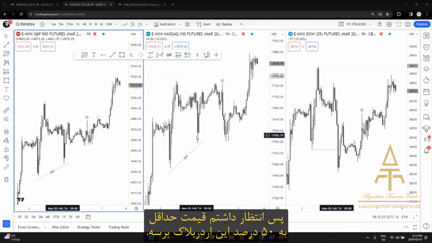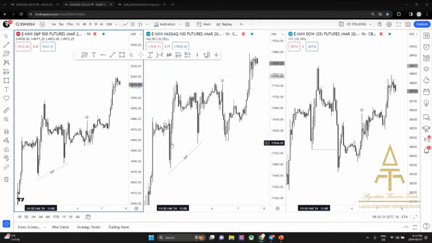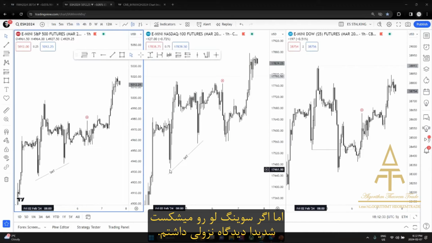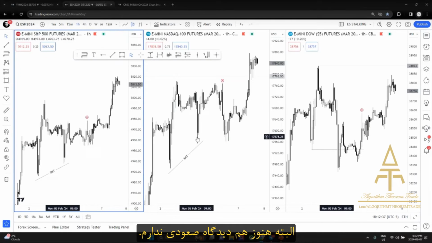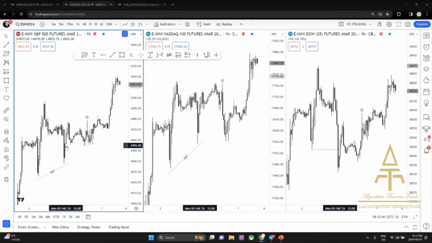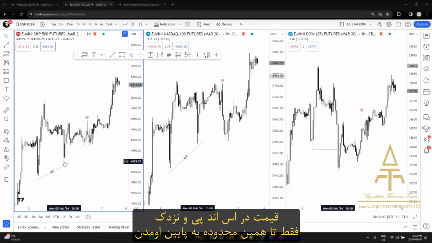So I expected price to at least trade to the 50% of this order block right here. But if it broke below, then I'd be extremely bearish, which I am still not bullish on the stock market, right? So right here, we had price trade here, leave this low intact, the S&P 500.